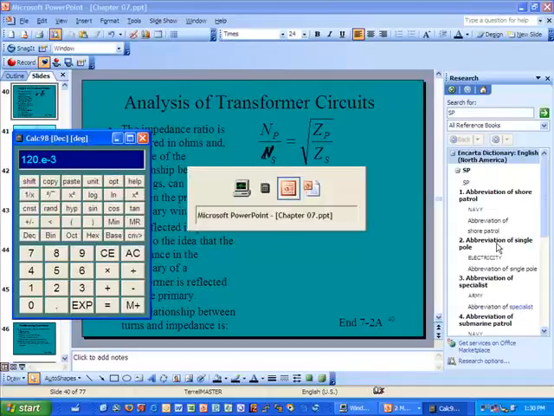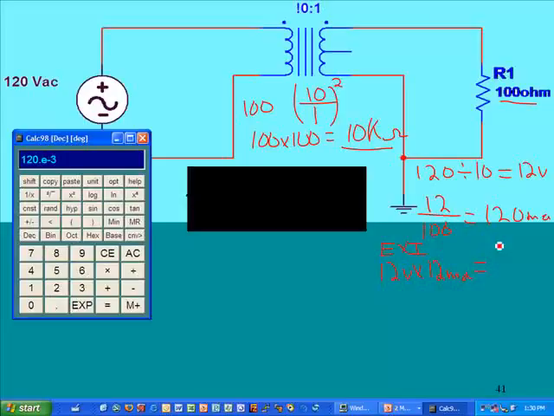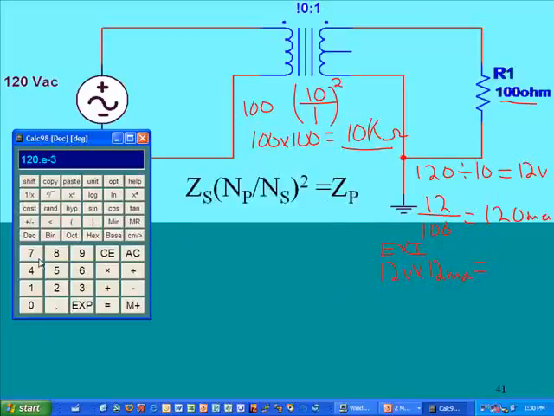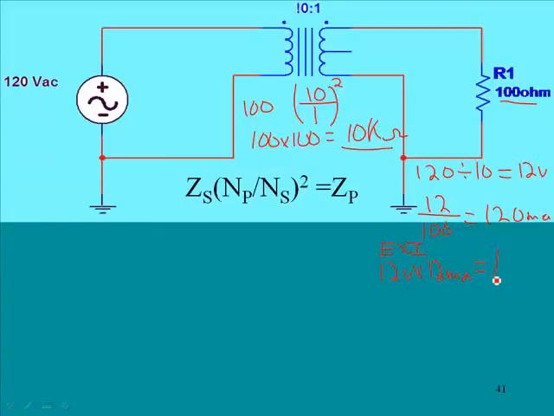Let me get this back on track here. Okay, so we would say we have 120 milliamps times 12 volts, and that would give us 1.44 watts. So we have 1.44 watts.